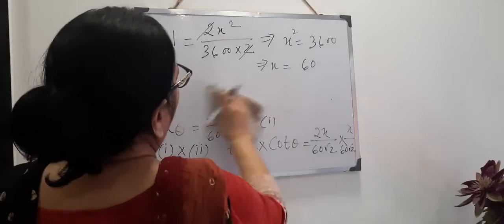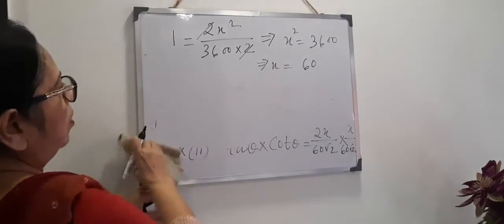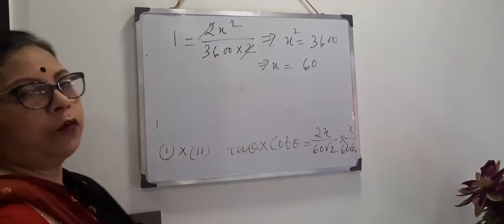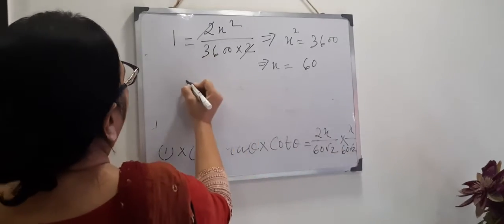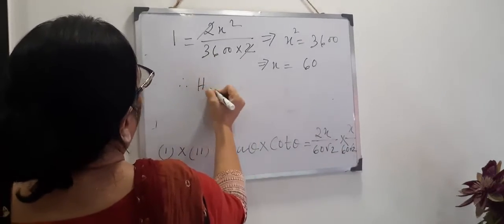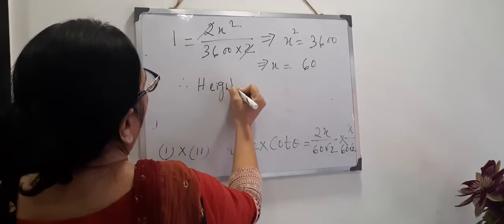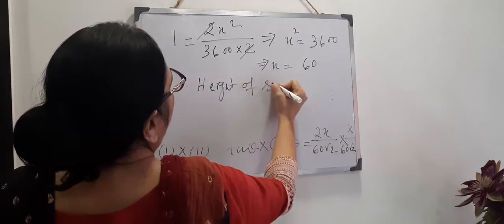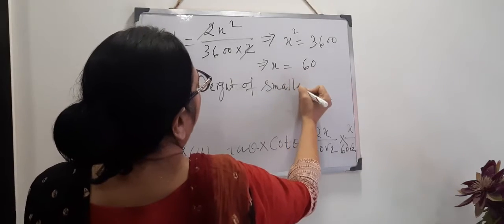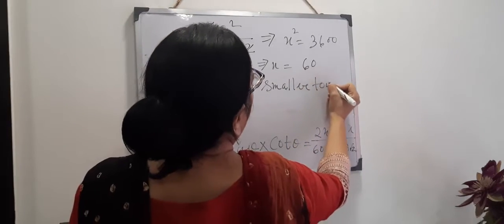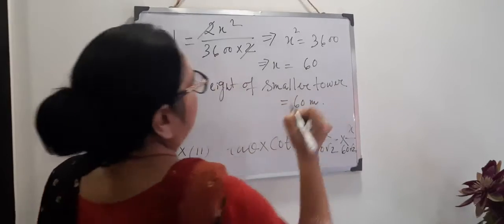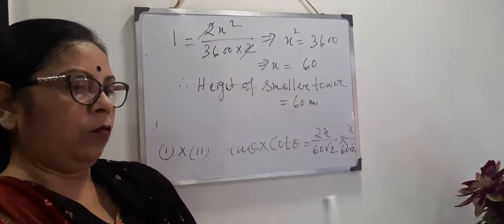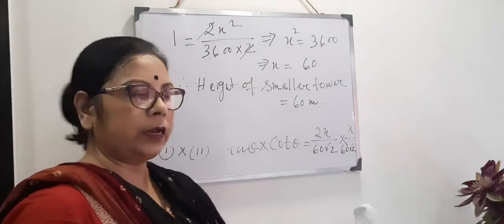That means we have got now the height of one tower. So height of the smaller tower is coming 60 meter, and the height of the other tower is double of that.